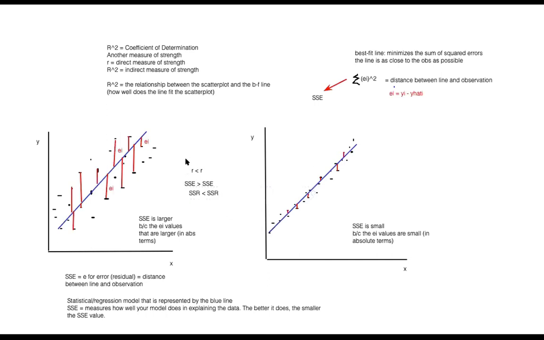So the stronger the correlation, meaning R gets closer to +1, the smaller the SSE and the larger the SSR.